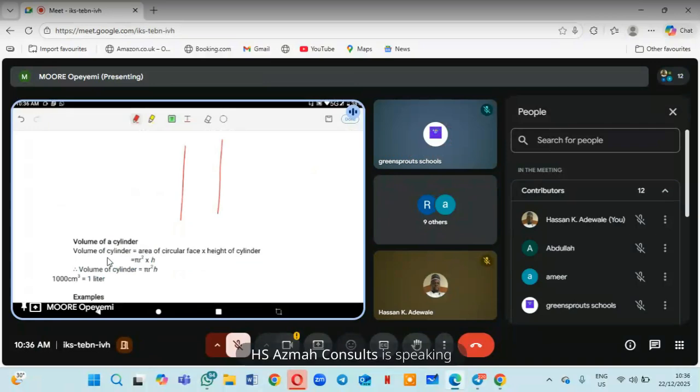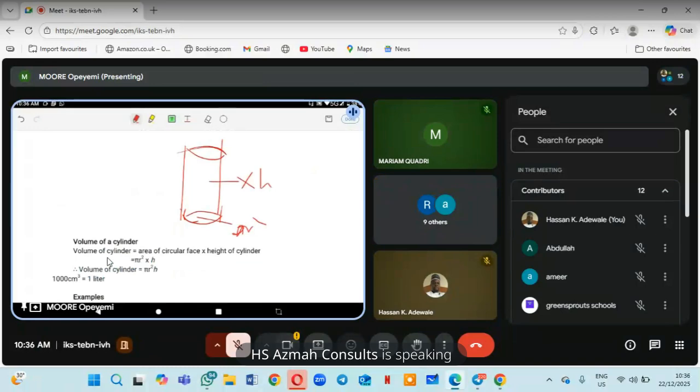This is a cylinder. So when you are to calculate volume, it means the area of this circular base, which is πr square, multiplied by this height.